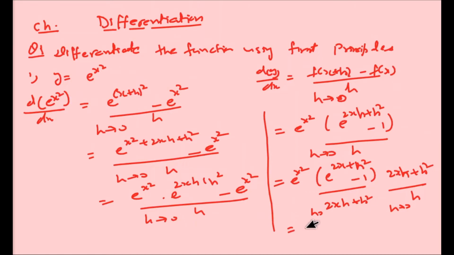Okay, so we can write e to the power x square into 1. Now taking h common, (2x plus h) upon h... h tends towards 0.